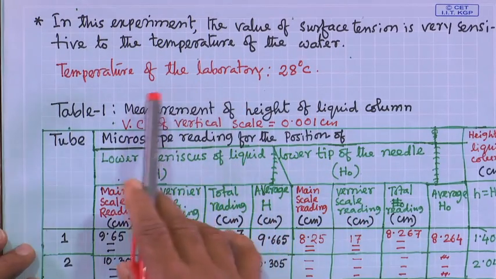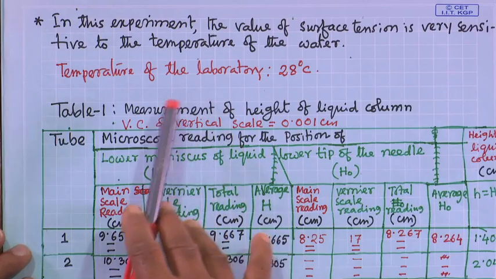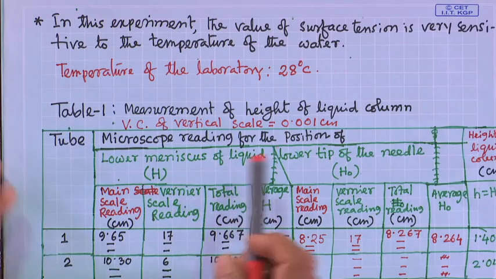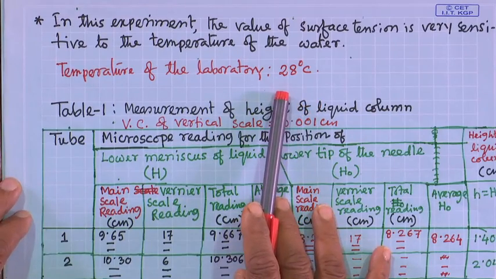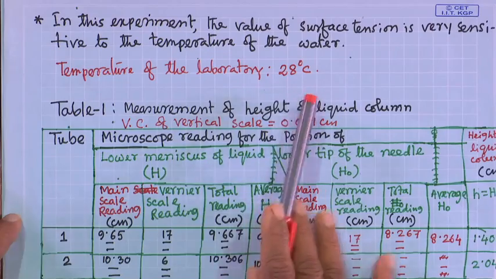Basically, the water temperature will be the same as the temperature of the laboratory, since in thermal equilibrium, if you do not cool or heat, it will take the temperature of the room. The temperature of the laboratory was 28 degree centigrade, which we should note down.